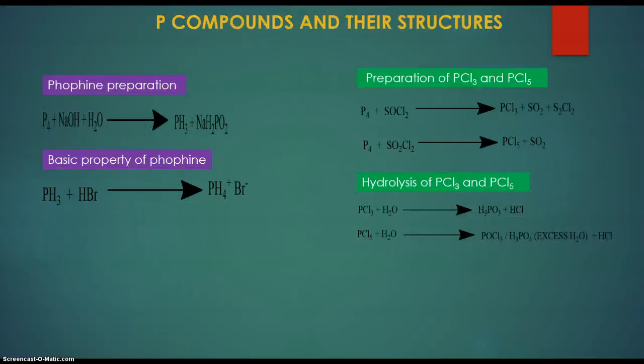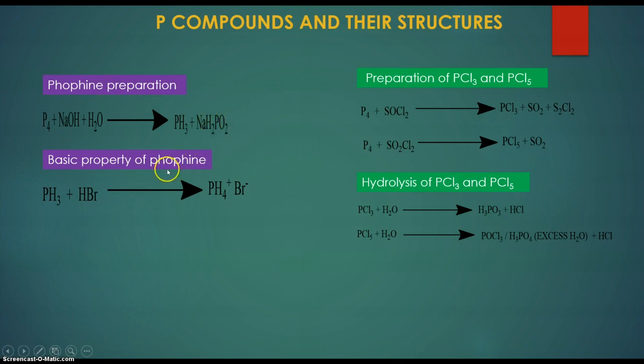Now let's come to some phosphorus compounds and their structures. First of all, phosphine. Phosphine is generally prepared by reacting white phosphorus with NaOH solution. Here we can get PH3, phosphine, with the liberation of sodium hypophosphite, NaH2PO2.